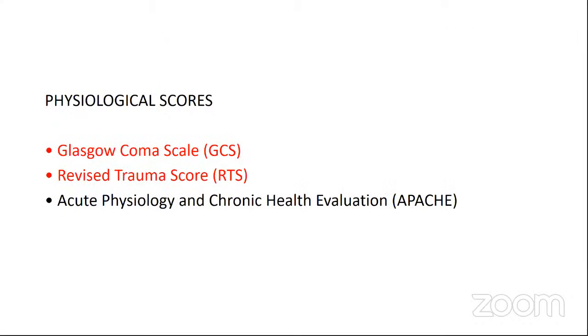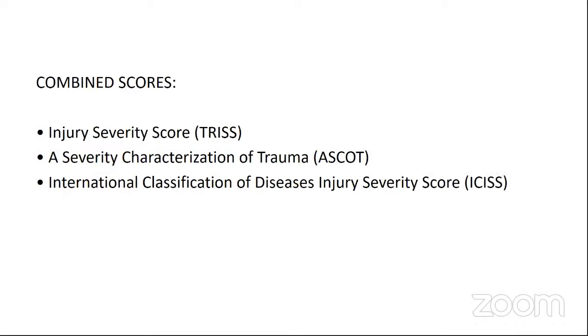Another group is physiological scores. They include the Glasgow Coma Scale or GCS. We are most familiar with that, so I'm not going into the details of GCS. Another is the revised trauma score or RTS, and the acute physiology and chronic health evaluation score. These come under the physiological scoring systems.